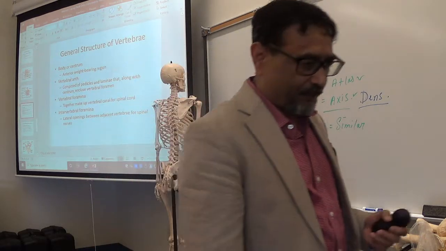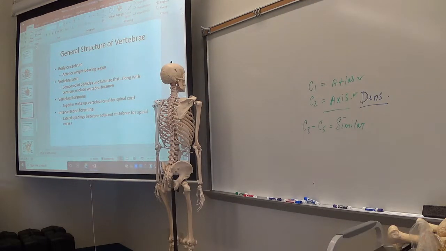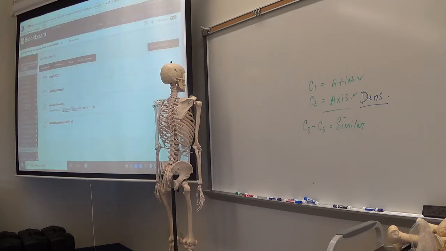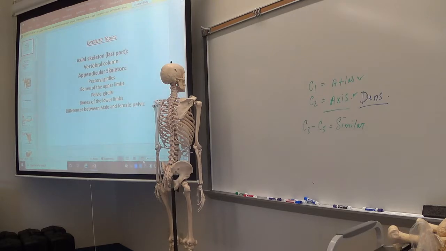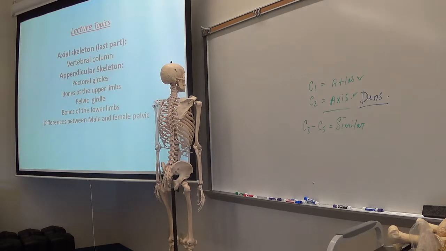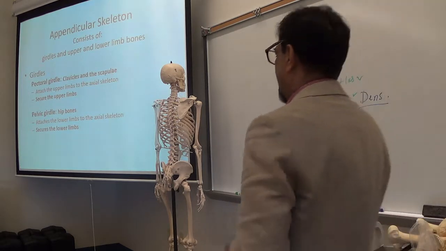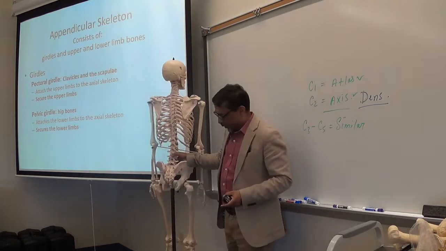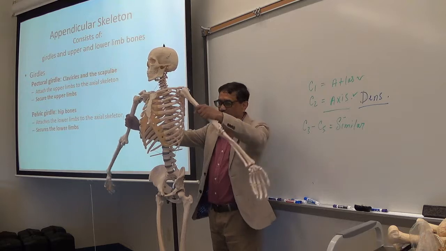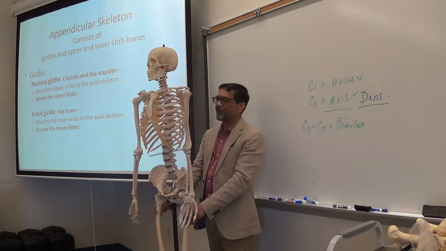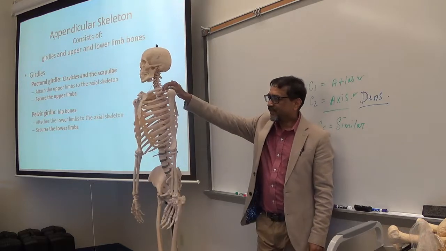Okay, so now we will talk about the appendicular skeleton. You already know that it consists of the upper and lower extremities. First, we'll see the upper extremity.